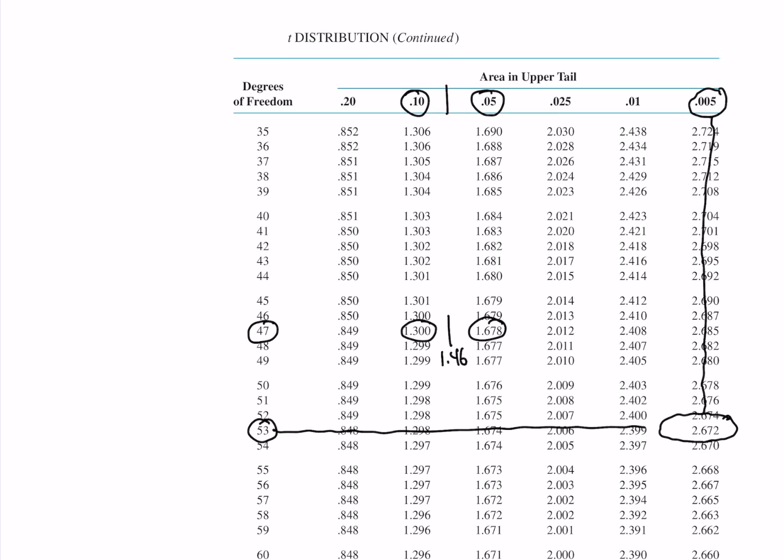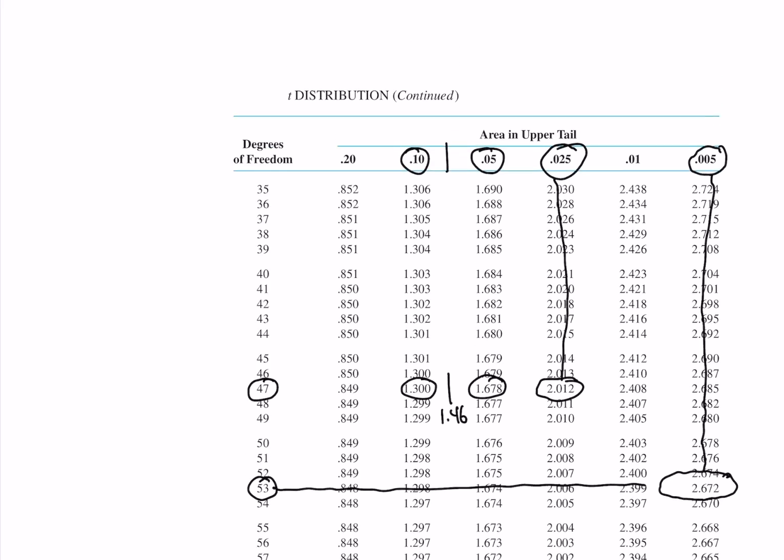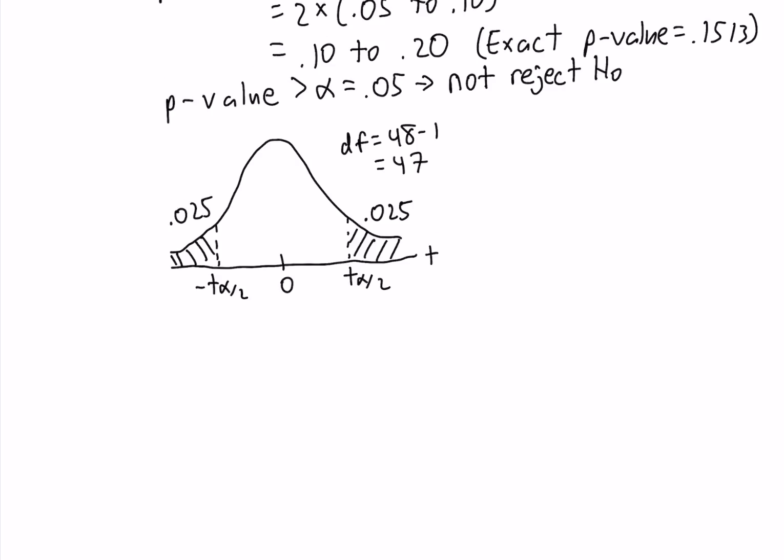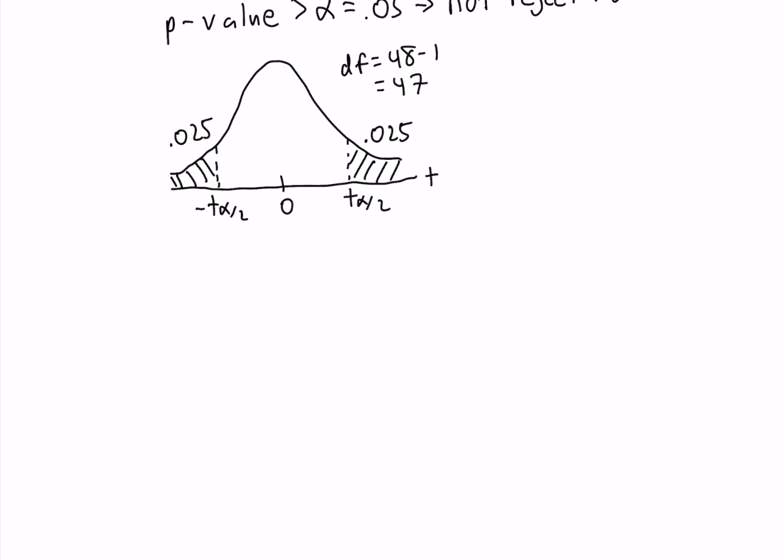We get 2.012. So t alpha half is positive 2.012, which means that negative t alpha half is just going to be the negative of that, negative 2.012. So those are our critical values, negative 2.012 and positive 2.012.